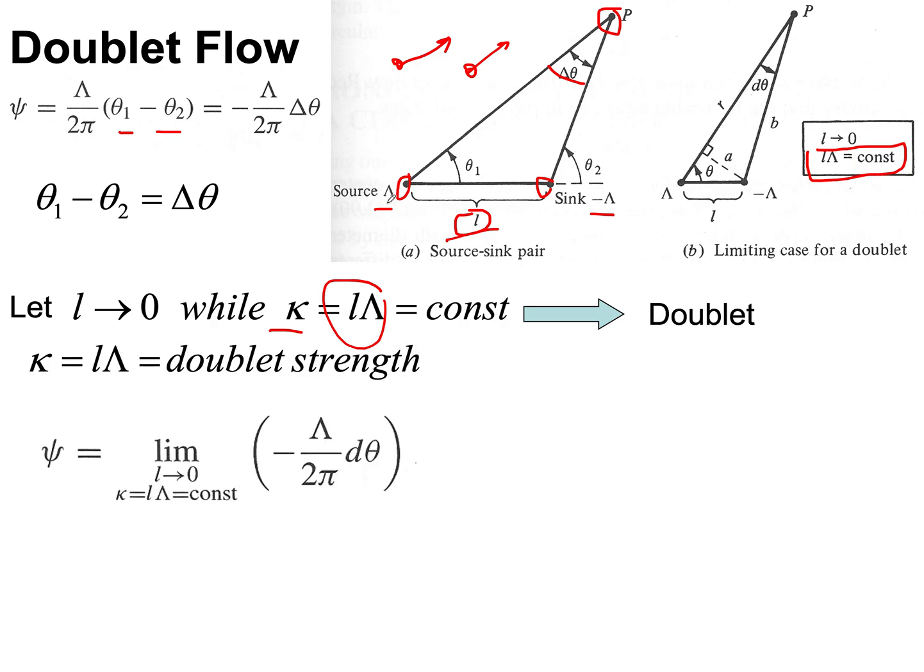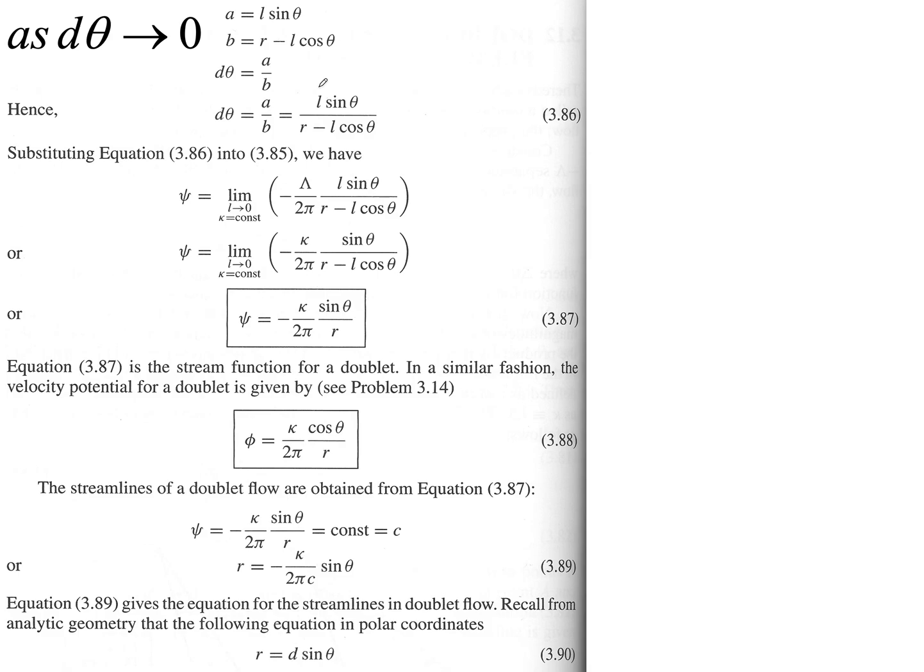So let's take the limit when L goes to 0. Delta theta becomes d theta from this equation right here. That's our stream function, and we can go through this elaborate derivation.